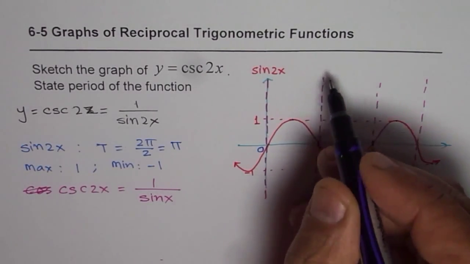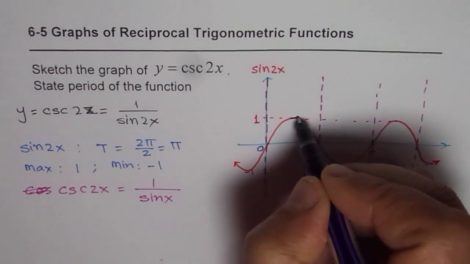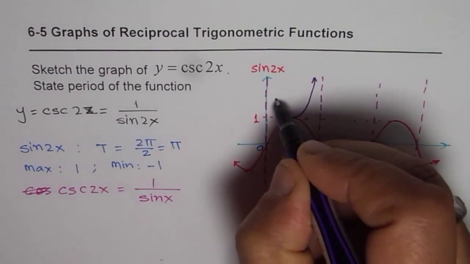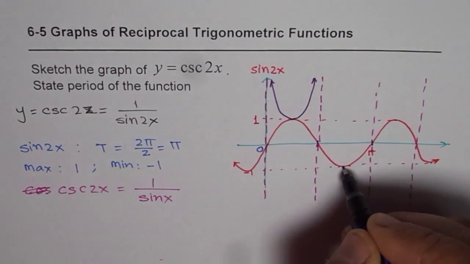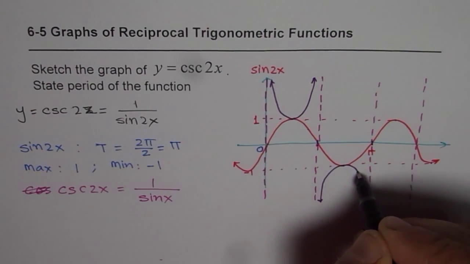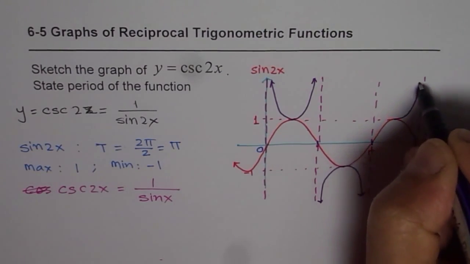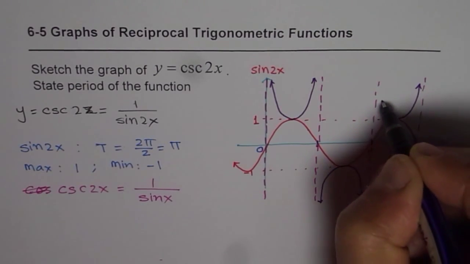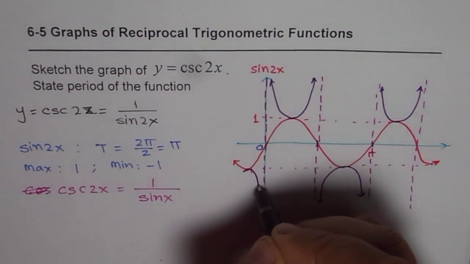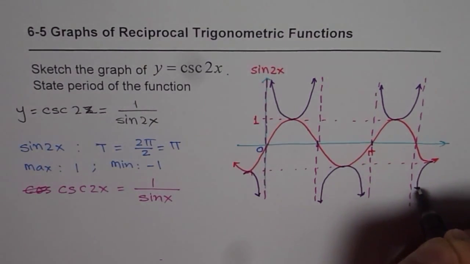So it approaches infinity. For the positive half, it approaches positive infinity, like this. For the negative half, from minus 1, it approaches negative infinity. Do you see that part? So that is how the graph of cosecant 2x will be graphed. Let me continue like this, so that is how it should look.